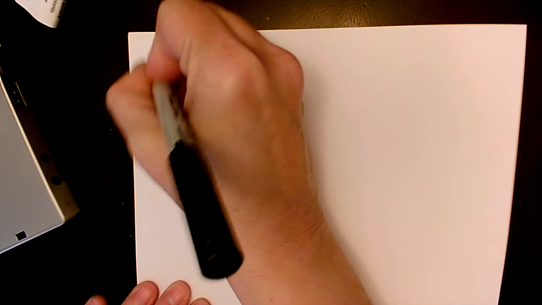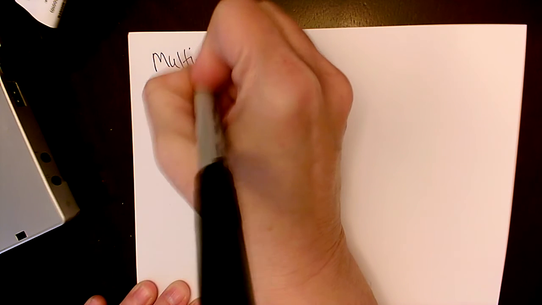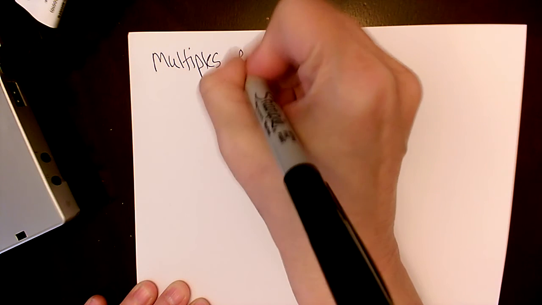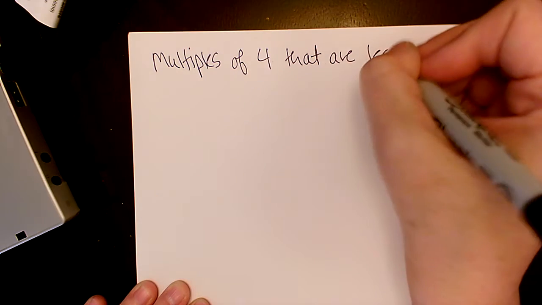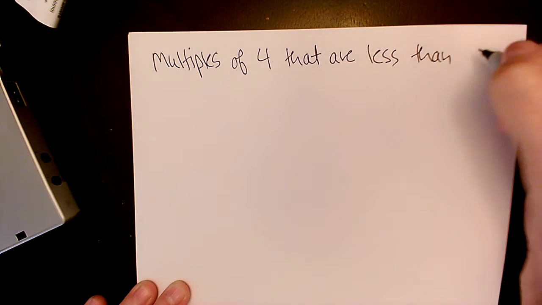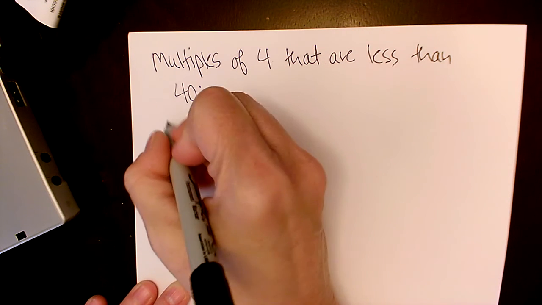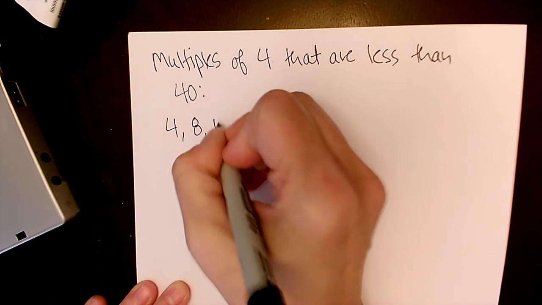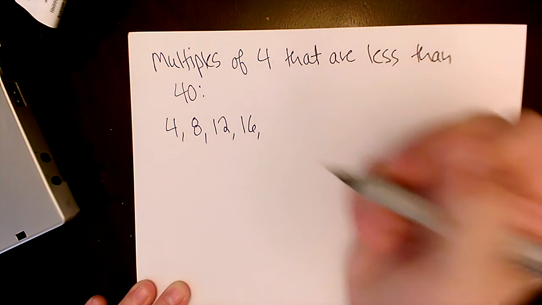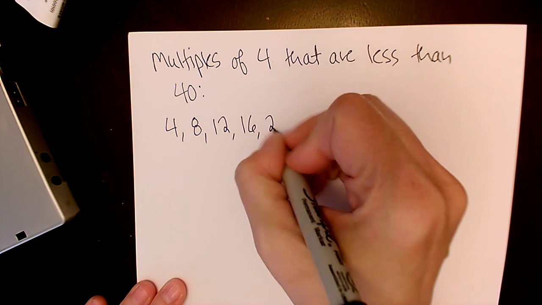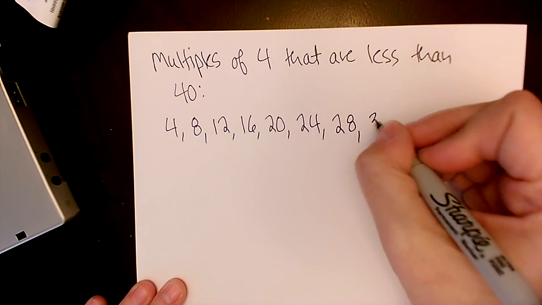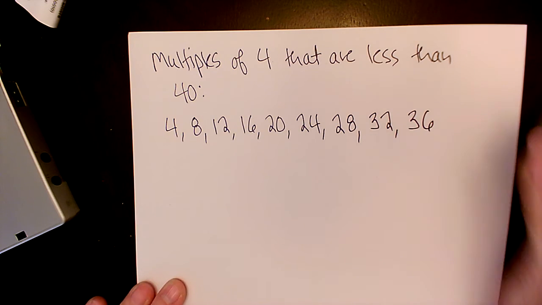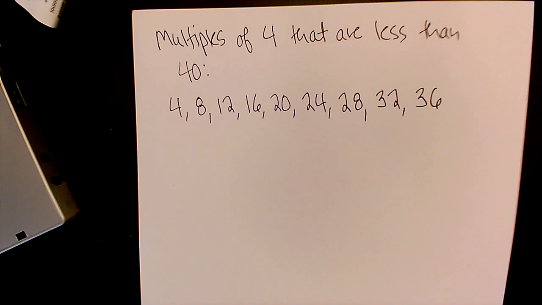So multiples of 4 that are less than 40: 4, 8, 12, 16, 20, 24, 28, 32, and 36.